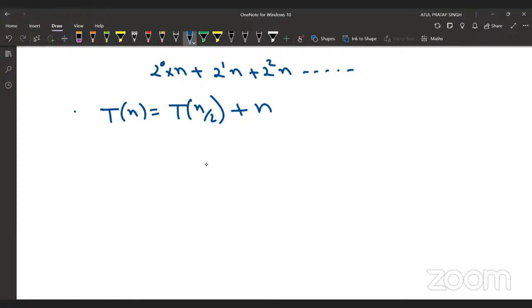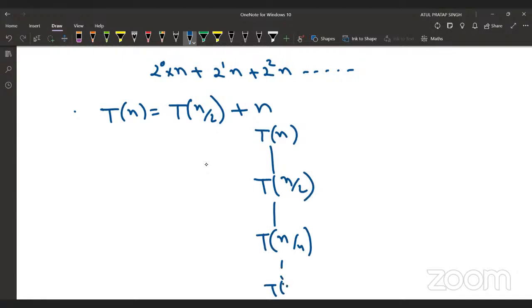So if we draw the recurrence tree for quick select, it will become like this: T(n) at the first level. At the next level we are performing on n by 2, next is T(n/4), and so on, until at some point we reach 1.